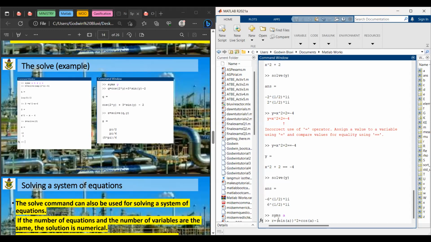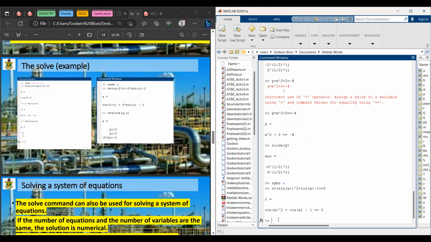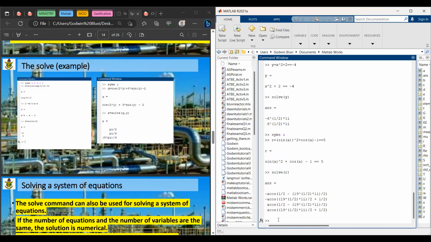So double equal to 5. Let's do this. Enter. So this is our expression now. So solve R. So this is the answer. So cos inverse of this, cos inverse of that, cos inverse of this, cos inverse of that. That's the answer. Do you get what I'm saying? So you can use this to solve your differential equation.